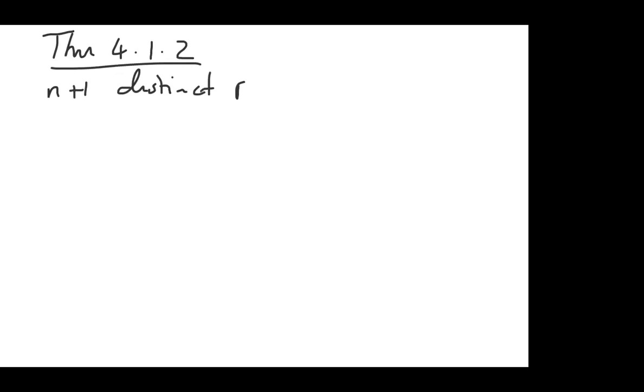Okay. So now, let's give the nth Lagrange interpolating polynomial. And if you check in your notes, this one is appearing as theorem 4.1.2. Okay. So in this case, of course, I expect to have n plus 1 distinct points. These will be x0, x1, and so on up to xn.